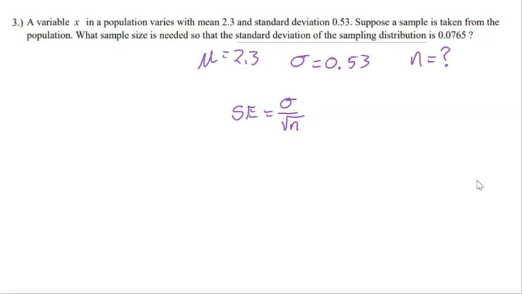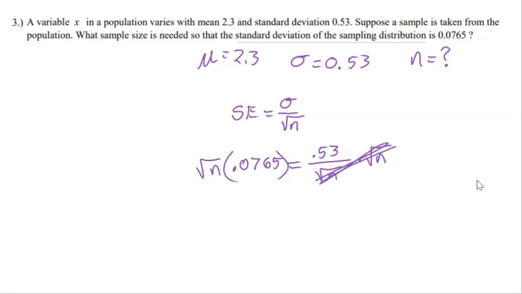So we're going to replace standard error with 0.0765 equals 0.53 over the square root of n. And we're solving for n here, okay? And so I'm going to cancel the denominator. I'm going to multiply by the square root of n on both sides, and that'll cancel my denominator.